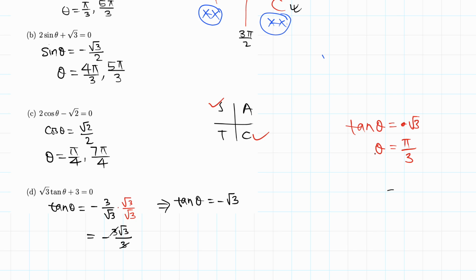Tangent 60 is root 3. So in the first quadrant, pi over 3, but our answers are in the second and fourth quadrants, so pi minus pi over 3, and 2 pi minus pi over 3. That gives theta equals pi minus 1/3, meaning 2/3 pi, and 3 times 2, 6 minus 1, 5 pi over 3. Final.